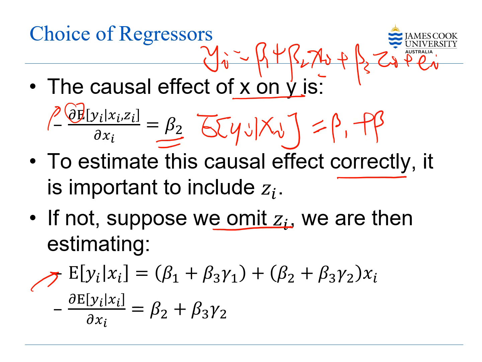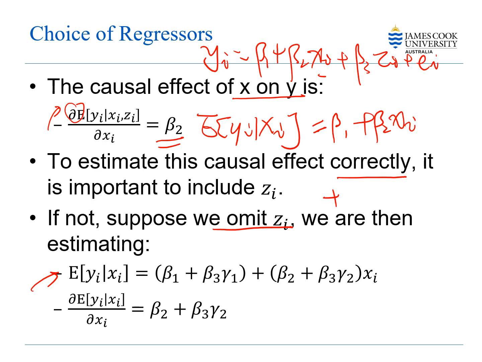Beta 2 xi: when we condition on xi, you can think of it as a random variable, but we condition on it, which intuitively means we treat xi as a constant. So xi stays here.